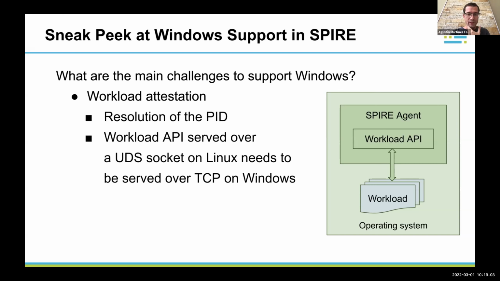You know, we take seriously the security of any new feature in SPIRE, and particularly in this case, where we are talking about the security properties of the workload attestation process, which is the first line of defense in SPIRE, and our threat model considers workloads calling the workload API as wholly untrusted.